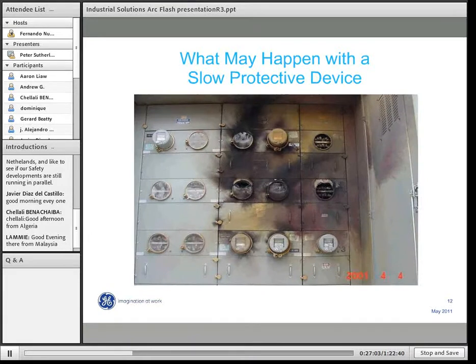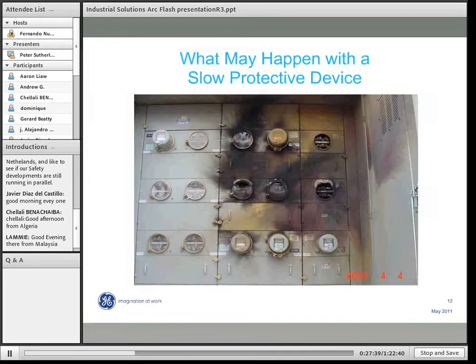The next example shows a metering compartment. This is a bank of electric meters, such as may be used in an apartment building to measure the power usage of each different apartment unit. And you can see here that there was a major explosion that destroyed several meters and blackened the paint surface all around.